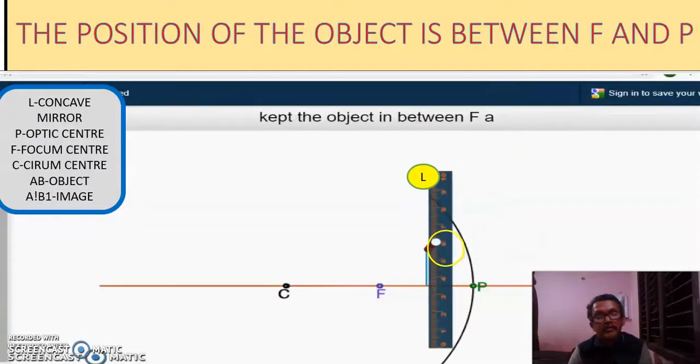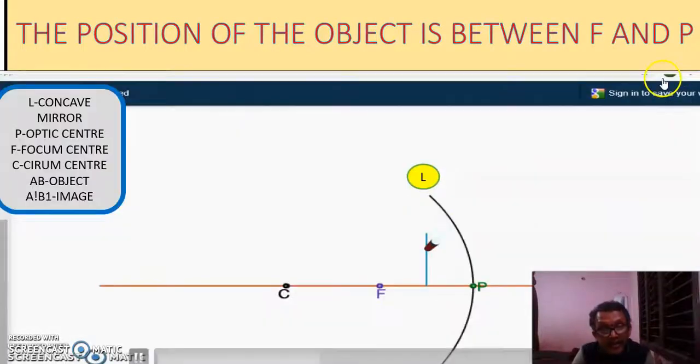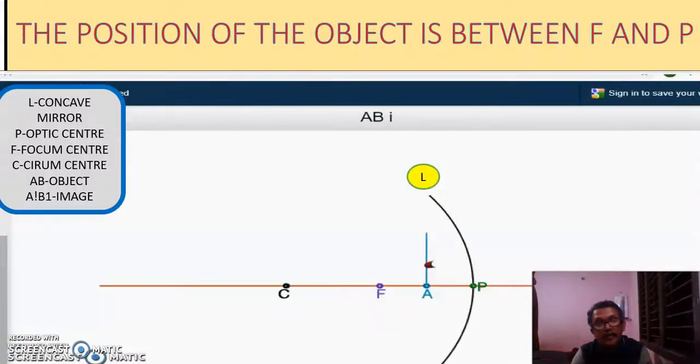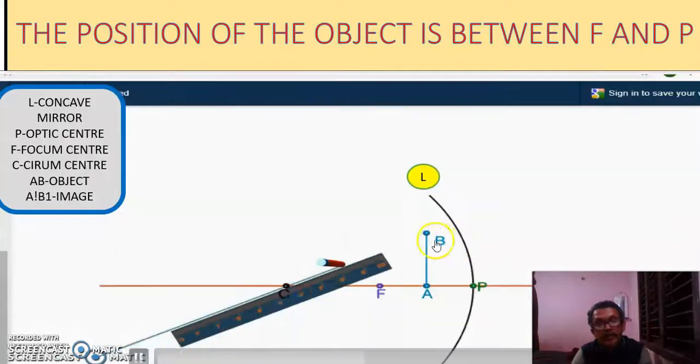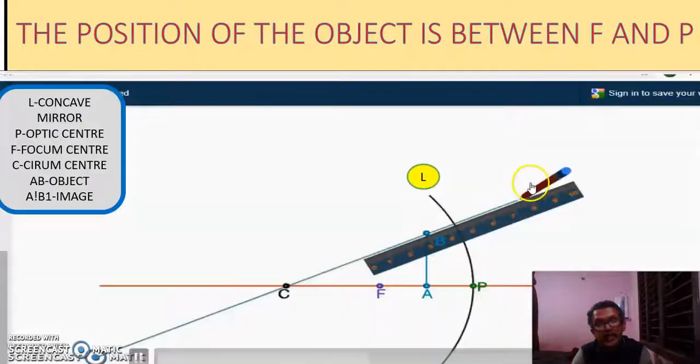Okay. So now the object is kept between P and F. AB is the object. Draw a line from C like this.